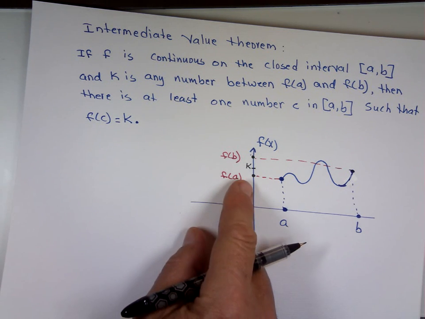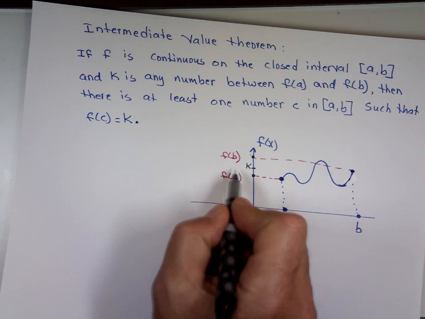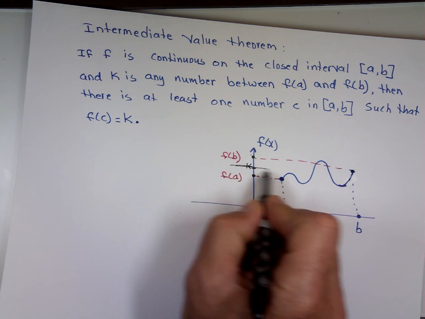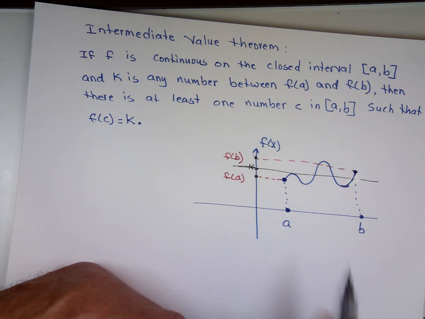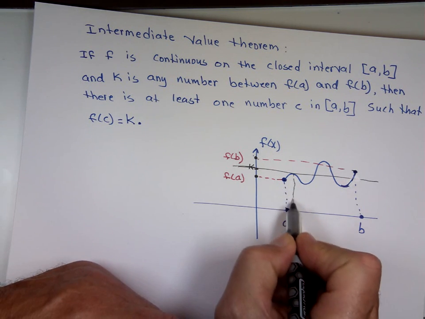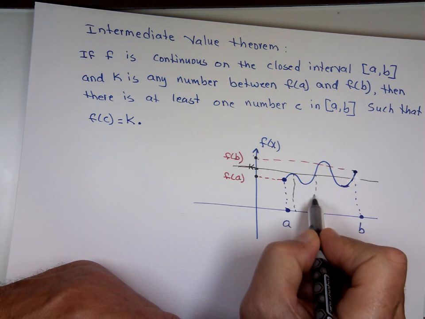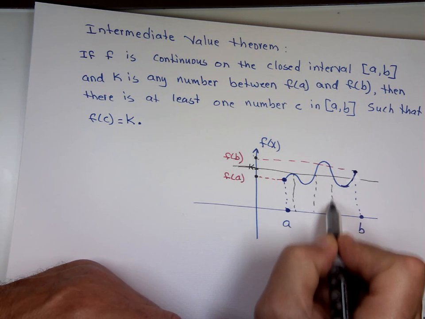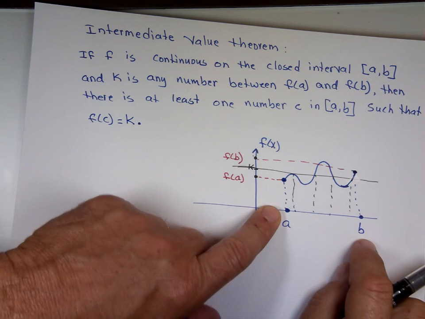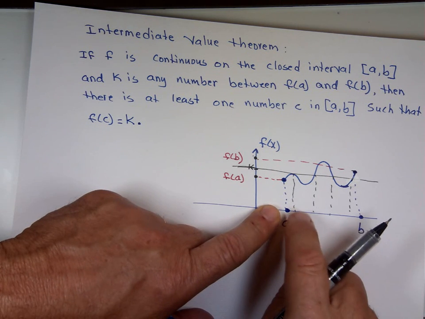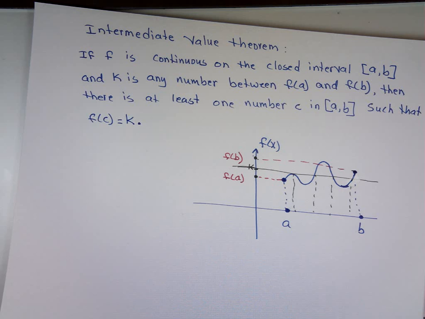So if you draw a line there, there's at least one point between A and B where the value of the function is equal to k. Well, I actually see 4 of them in this picture. This is 1, this is 2, this is 3, and this is 4. There are 4 values between A and B where the y value at that number is equal to k. Anywhere you slice it, it has to be at least 1 point.